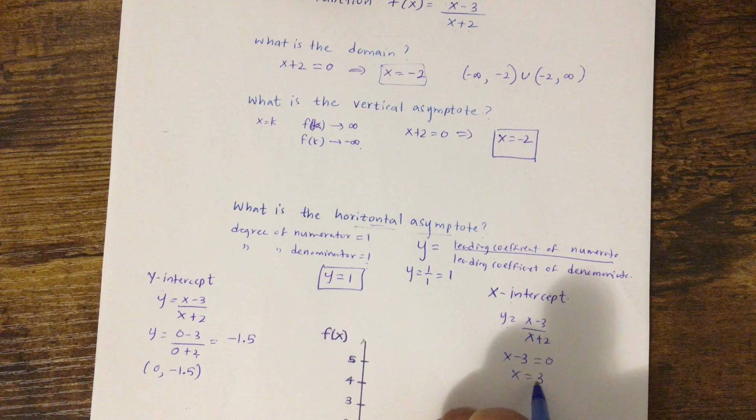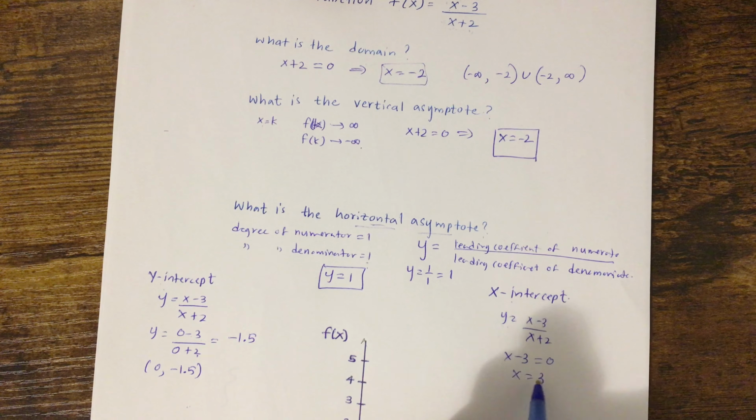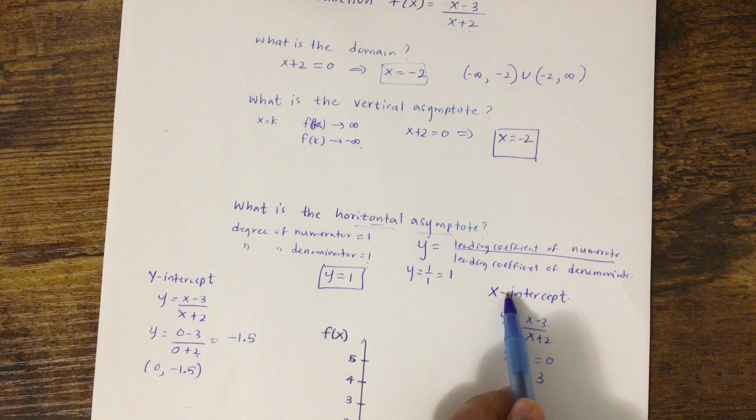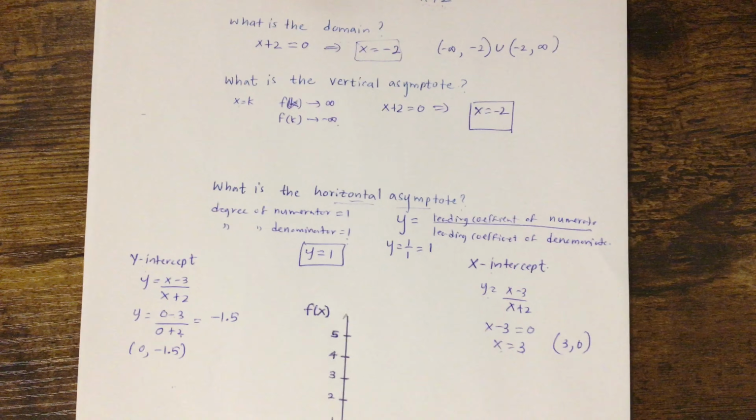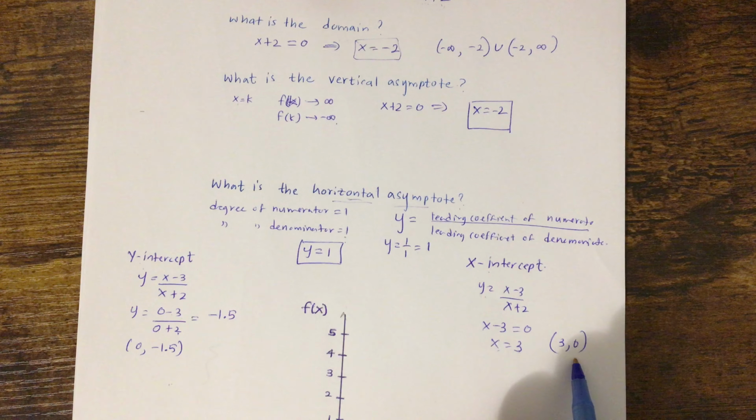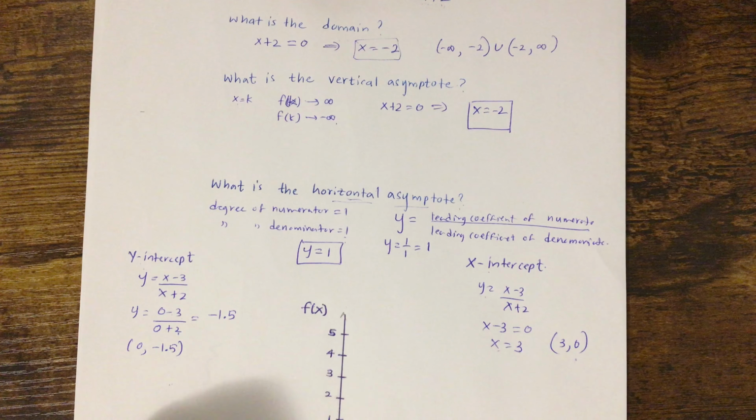Then you have x equals 3. So the coordinate is (3, 0). So this is your x-intercept, right? Okay, now we have everything. Now let's look at the graph.